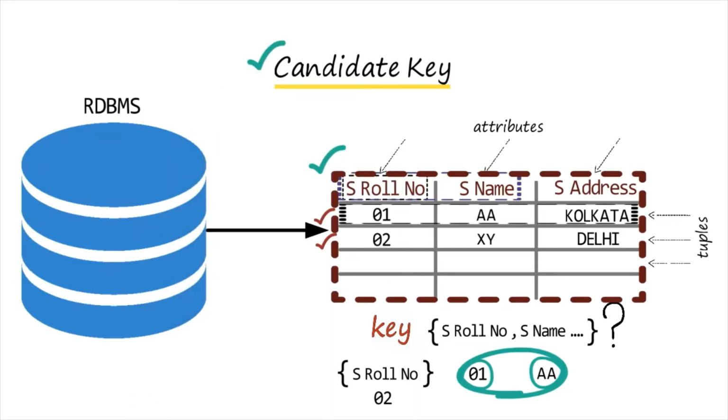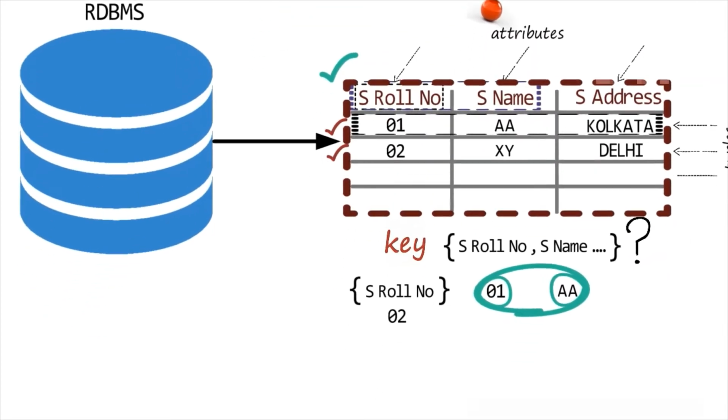In general, we have three kinds of keys: super key, candidate key, and primary key. Apart from them, we have other keys too that I will discuss. But finding candidate key is the most difficult task in database management system. And now you have to understand the first question, why we need to find the candidate key, why it is important.